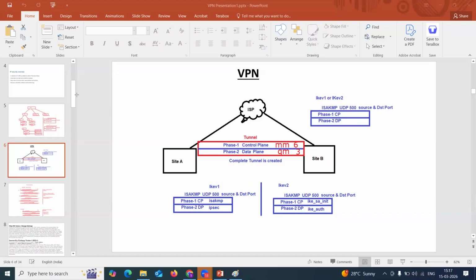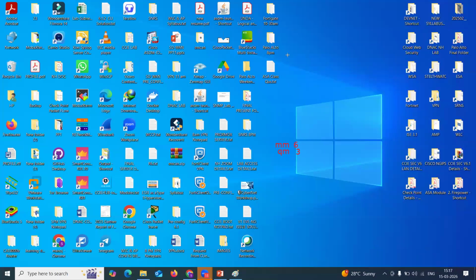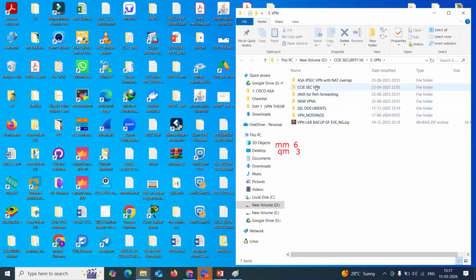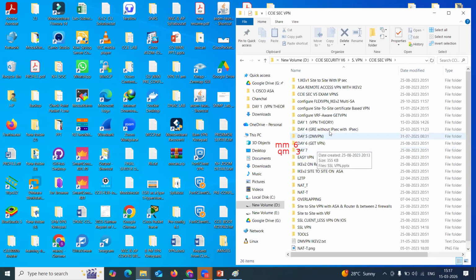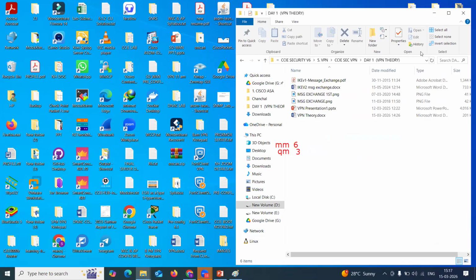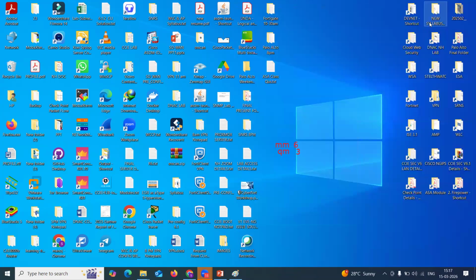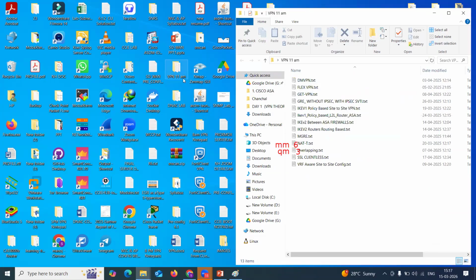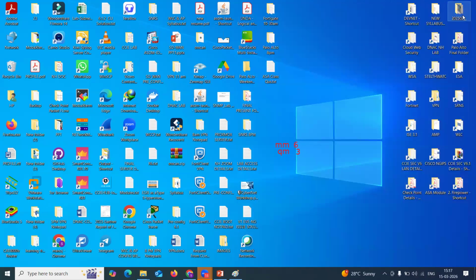Let me show you guys. I have one Wireshark captured packet. Okay, I guess I have it. Somewhere I might have kept it.